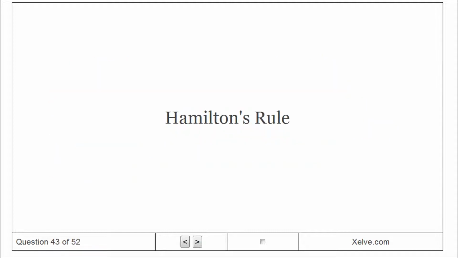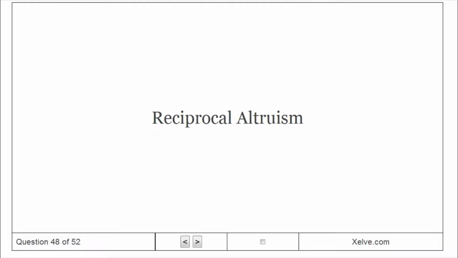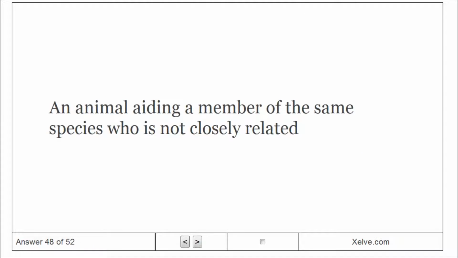Hamilton's rule: rB greater than C. Reciprocal altruism: an animal aiding a member of the same species who is not closely related.